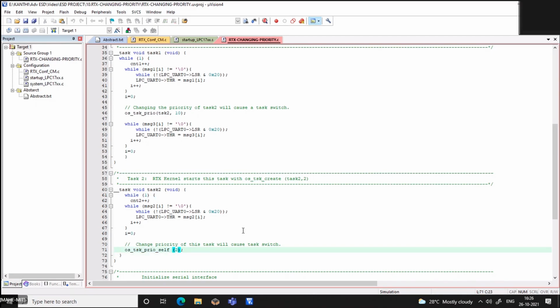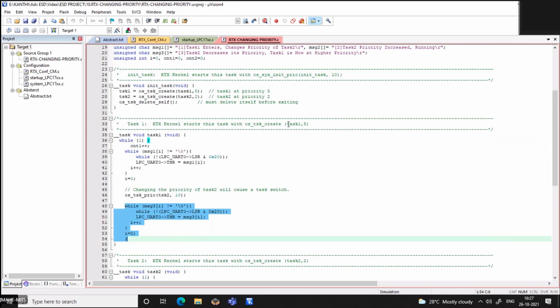So I am changing the priority of task 2, which was given initially. As soon as I go back to the original priority, which has become lower than task 1, again there will be a task switching, and it comes back here because there was a context switching here, and I put the message 3 here.